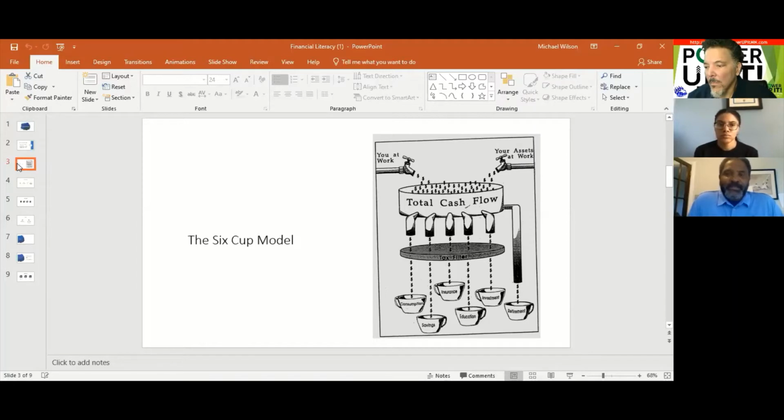assets at work is a topic that doesn't always come into play, but what it means is things like investments that are producing dividends or interest, or inheritance that provides a cash flow or access to funds.